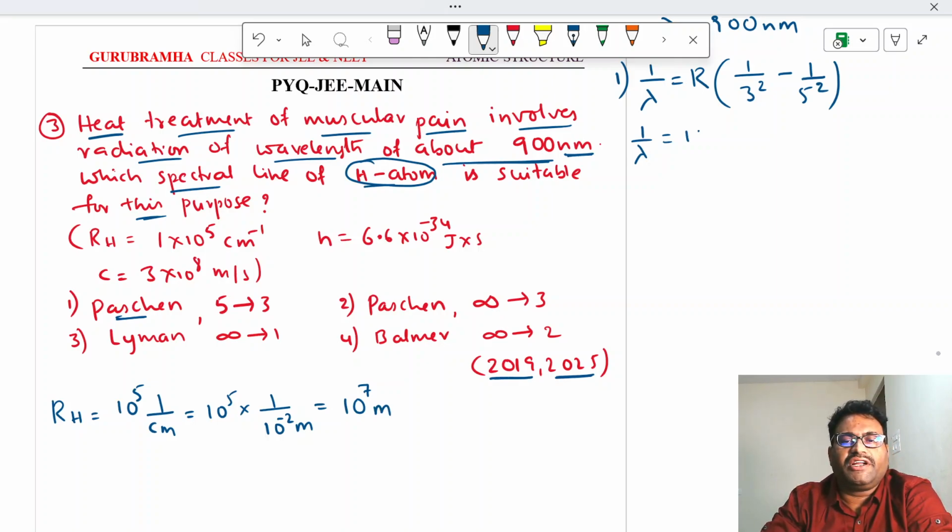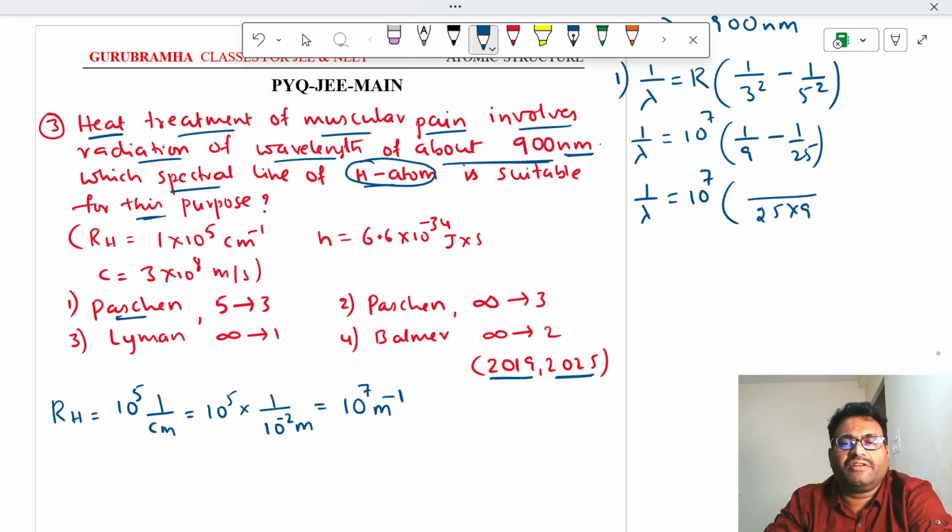So we are taking it in per meters. So 1 by 9 minus 1 by 25. So 1 by lambda is equal to 10 power 7 into (25 minus 9) by (25 into 9).